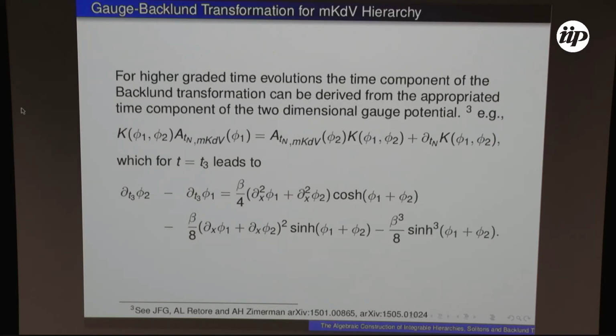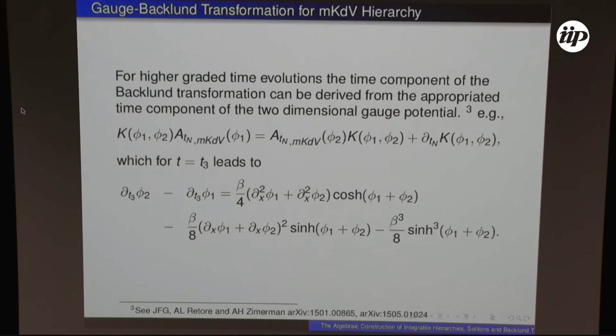For T5, you just plug it in, and you get the transformation for T5, which is not known anywhere. And the moral of the story is that the structure of infinite dimensional algebras allowed us to construct all these features in a universal way. This K is a universal object within the hierarchy.